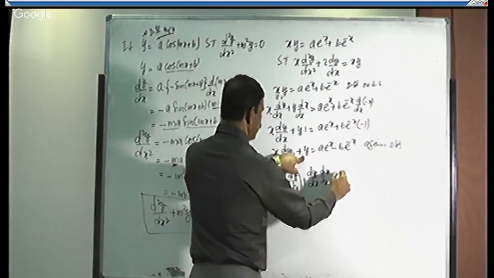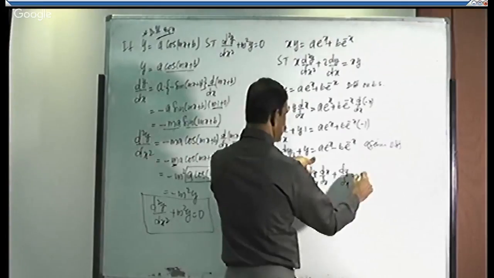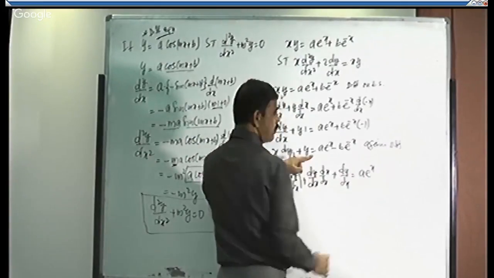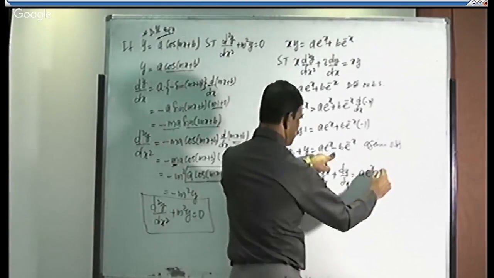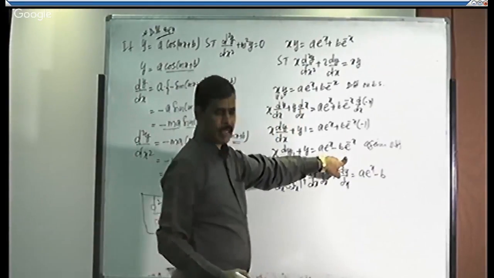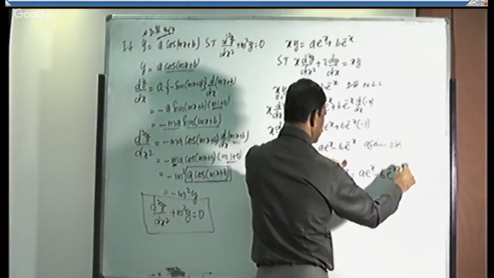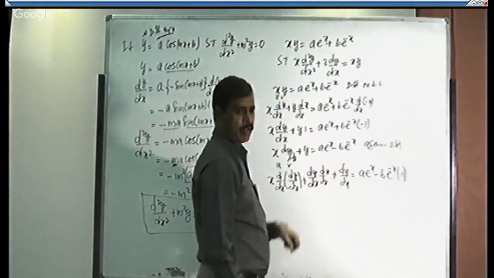Plus for y it is dy by dx is equal to a e power x, differentiation is e power x, minus b into, for e power minus x, it is e power minus x into differentiation of minus x, which is minus 1, right?